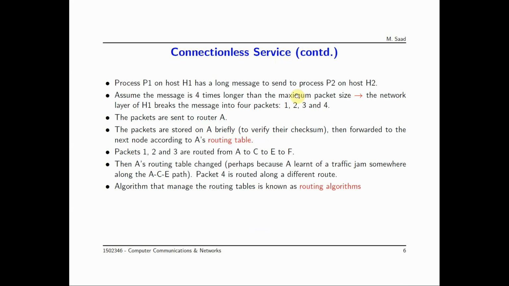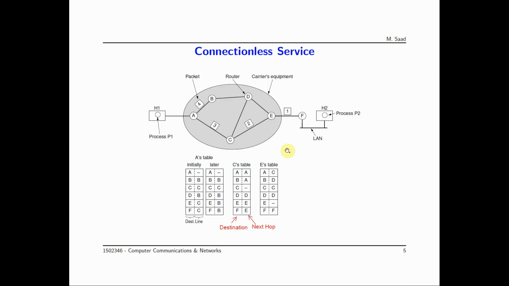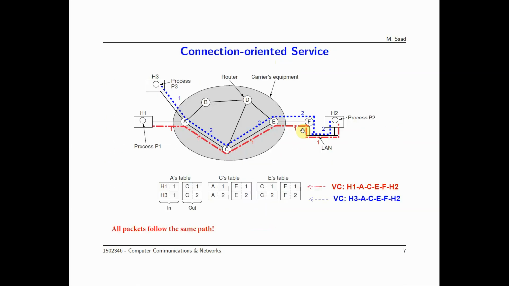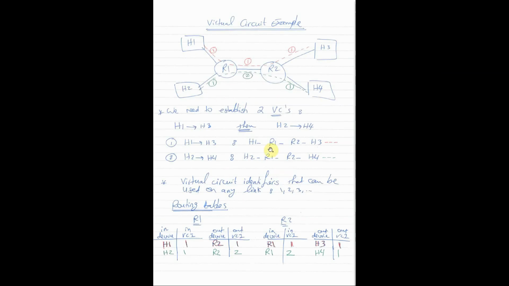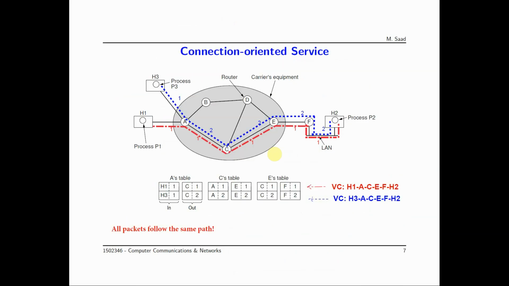Now, this was the discussion that we have described here on the figure, and we go to the second case, which is the connection-oriented service. In the connection-oriented service, as you will notice in this example and in another example that I've introduced here to illustrate the idea even more, routers use tables as well, in connection-oriented services or in virtual circuits.